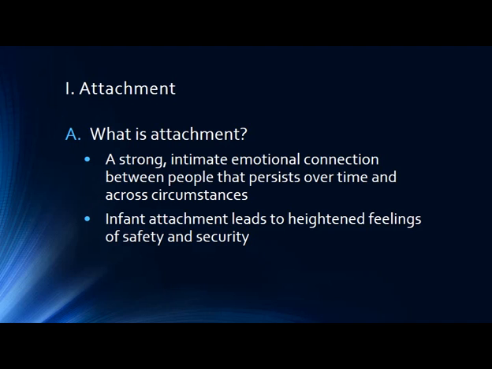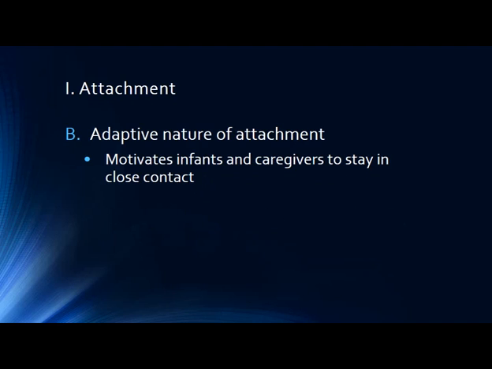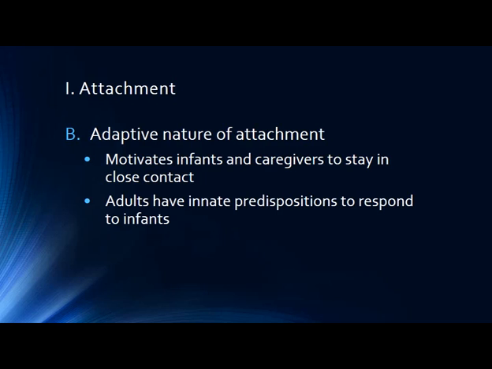Well, why is it important? Well, it motivates infants and caregivers to stay in close contact. So development of attachment is part of what ensures the propagation of a species, because your offspring have to survive long enough to have their offspring, right? So attachment's an important part of getting caregivers to stay in contact with their infants and infants to stay in contact with their caregivers. We have an innate predisposition to respond to infants.